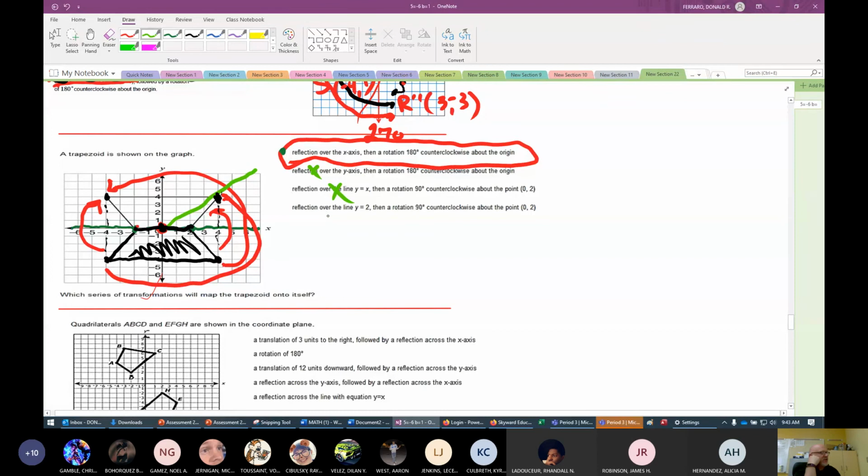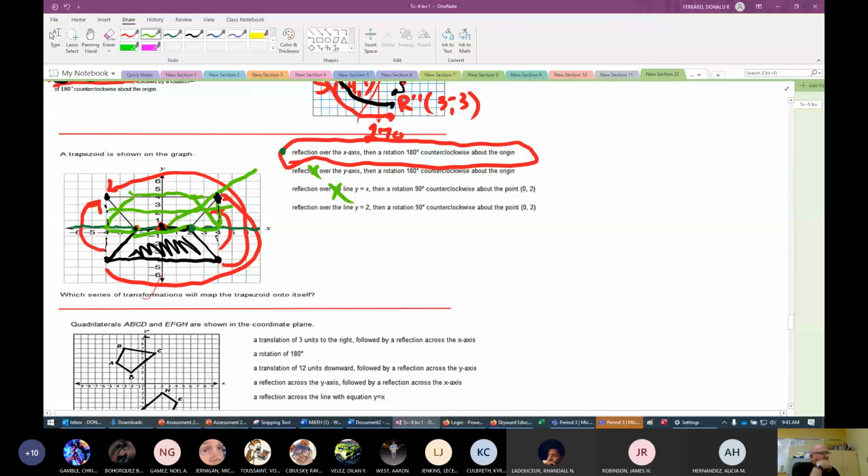And then a reflection over y equals -2 or y equals 2. So y equals 2, we're reflecting over that. So now we would have a trapezoid that looks like this point would go to here and this point would go to here, and our trapezoid would look like this.